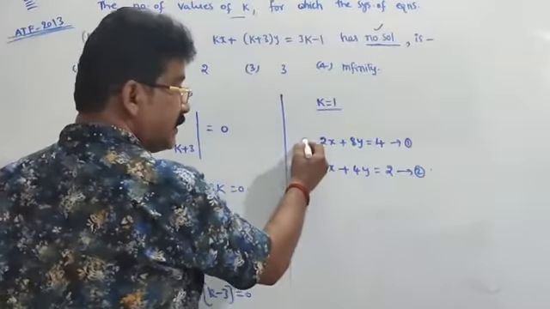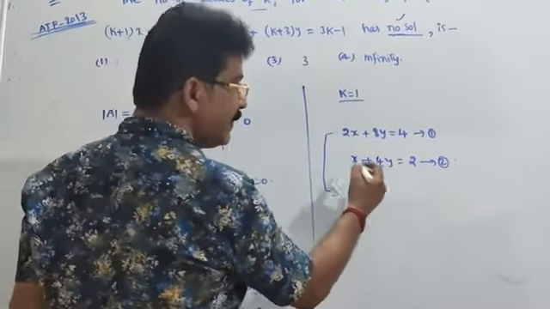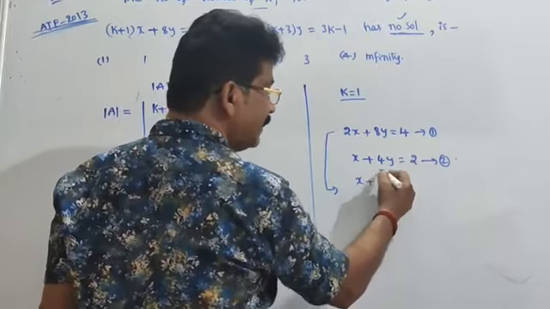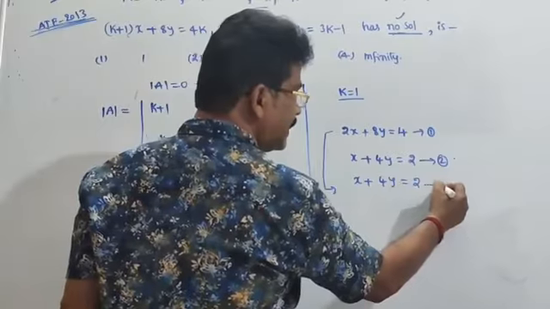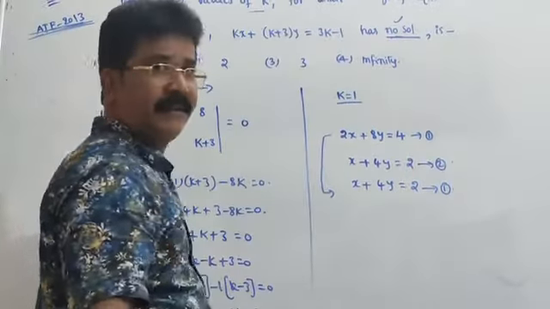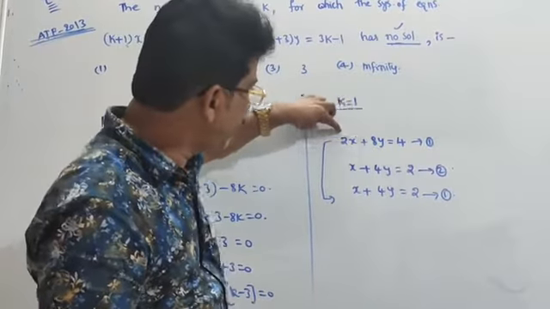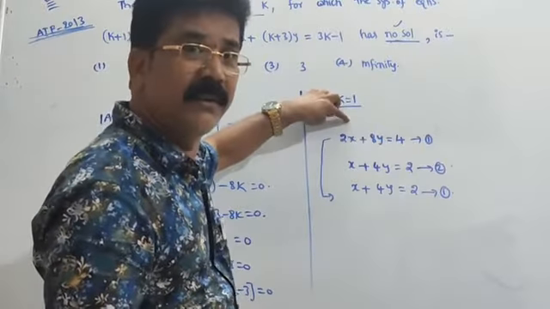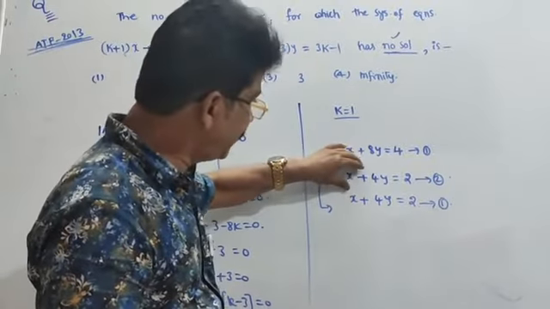Let us consider once again the first equation. By dividing throughout by 2, we have x plus 4y equal to 2. Did you understand? We divided the first equation by 2 throughout, and as it is, we got the second equation.